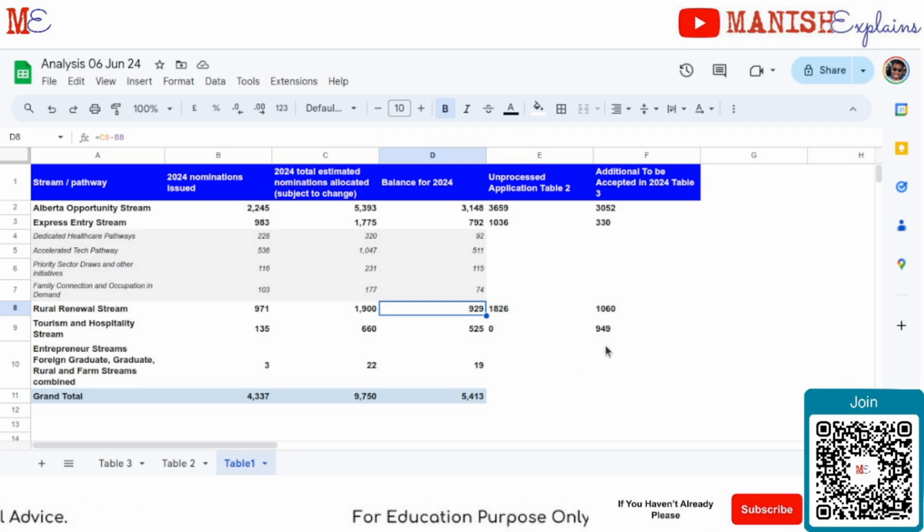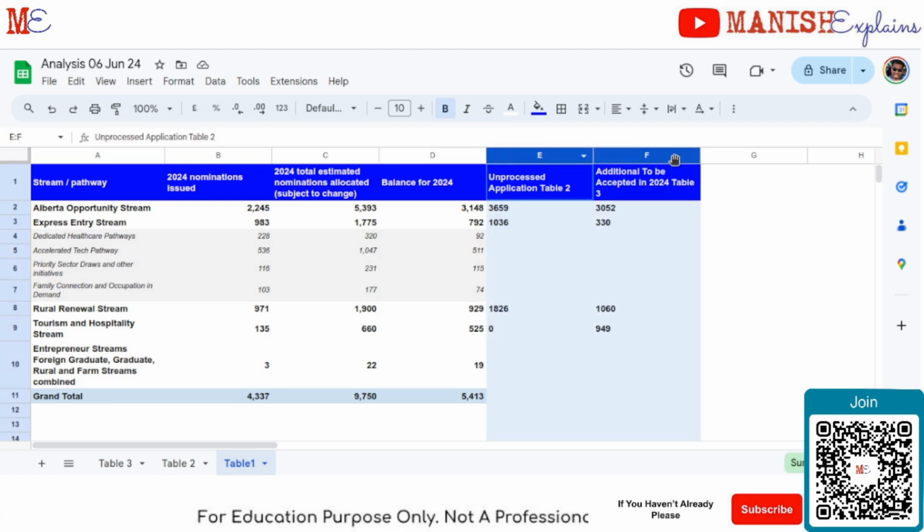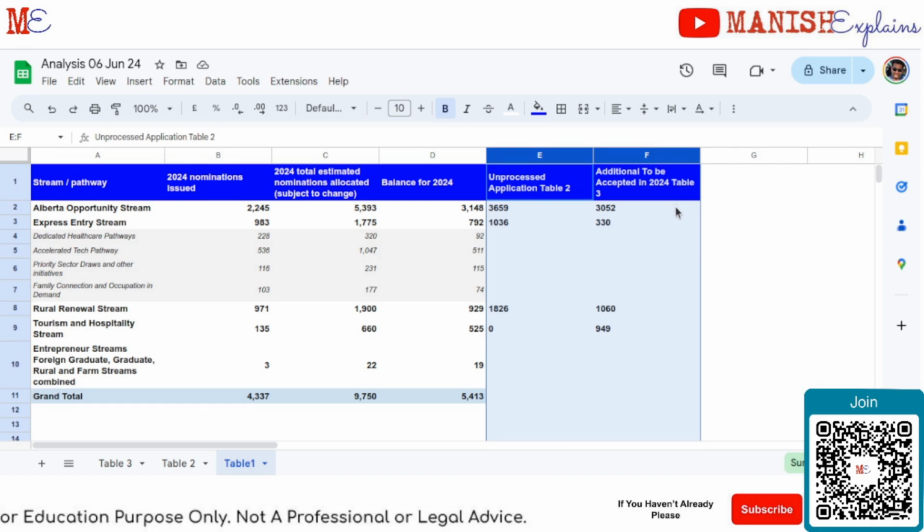So that is what I wanted to cover. Don't worry about these two numbers, is what I would say. What you should worry about as an applicant is applying on time, submitting all your documents, and fulfilling all the eligibility.